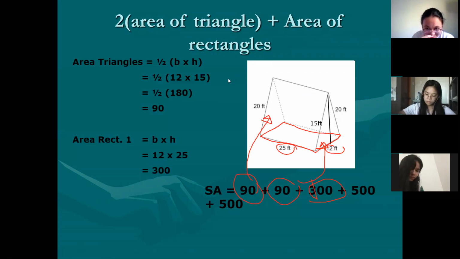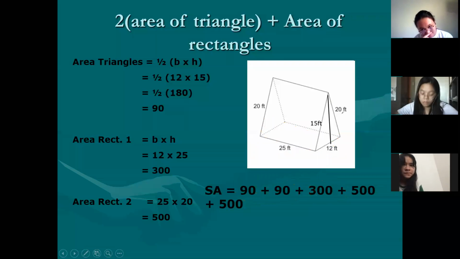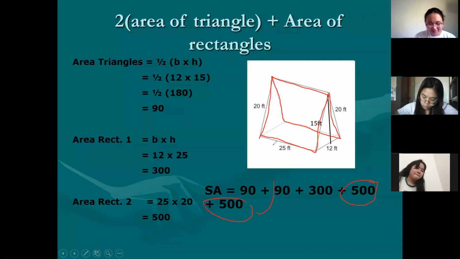Followed by the second rectangle, which is the third shape in the figure, and that will have the dimensions 25 and 20. If we look at it in the figure, 25 and 20 is this one. Since the other side also has the same 25 and 20, we have 500 and 500 for the front lateral and for the back lateral.